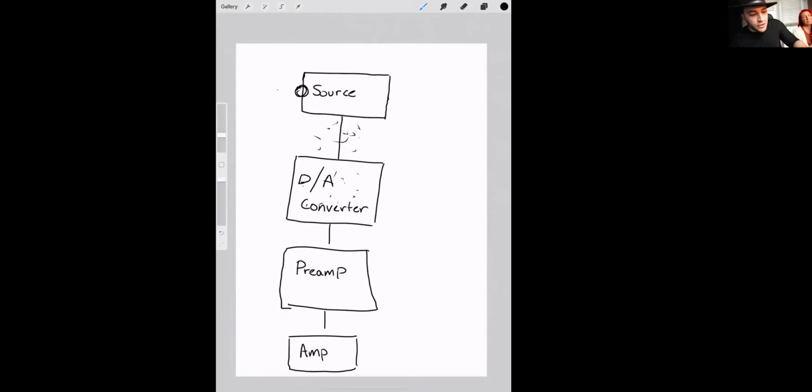So if our signal is a perfect signal at the top, and then we add our noise, that perfect signal turns into that.